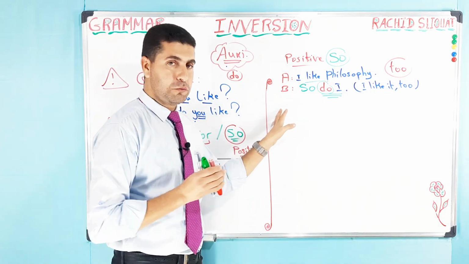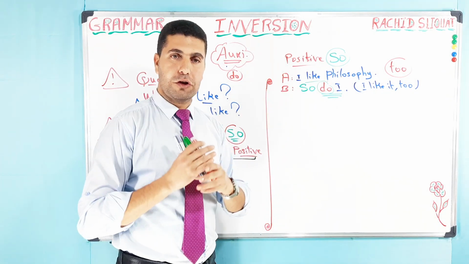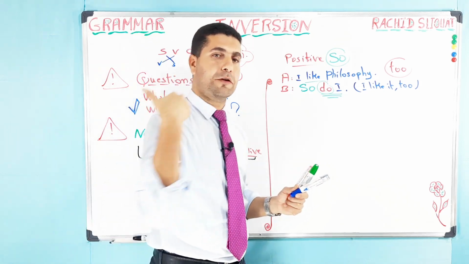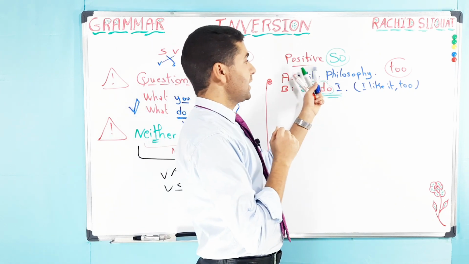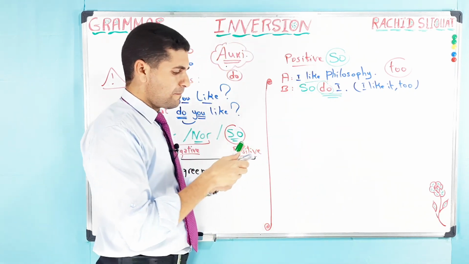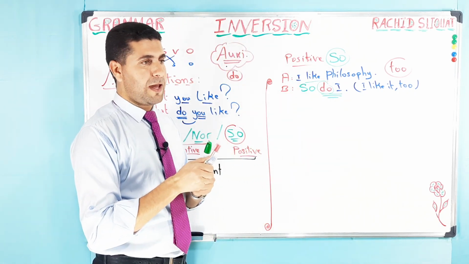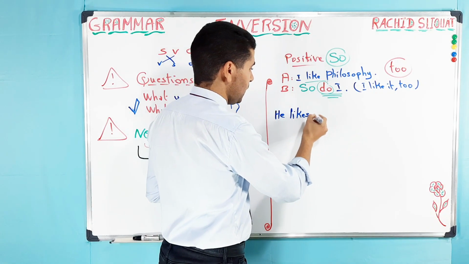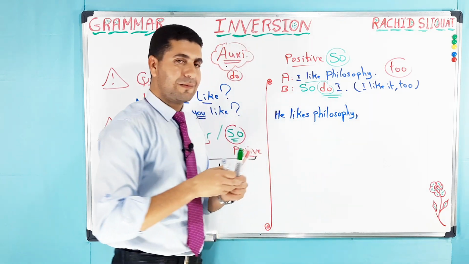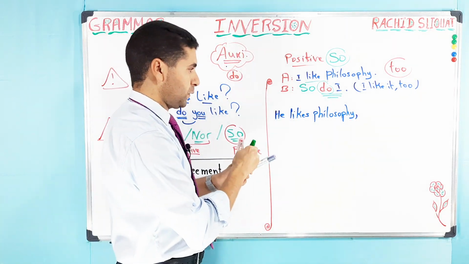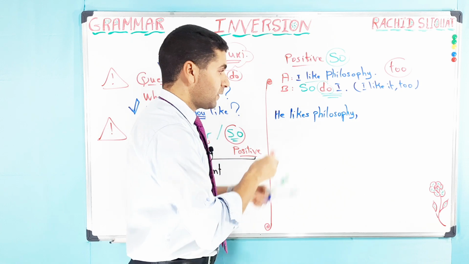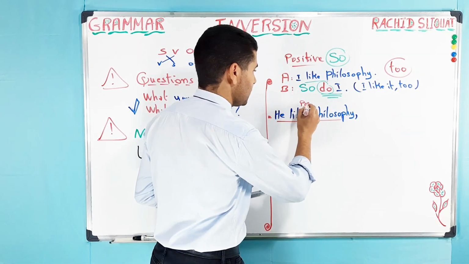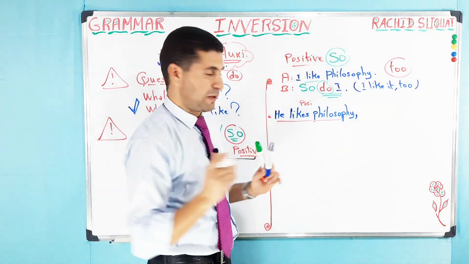However, we can also use "so" with inversion in statements with two clauses, always after a positive clause. Let's take an example. We can say, "He likes philosophy." This is clause number one, and as you can see, this clause is positive, or we can also say affirmative.